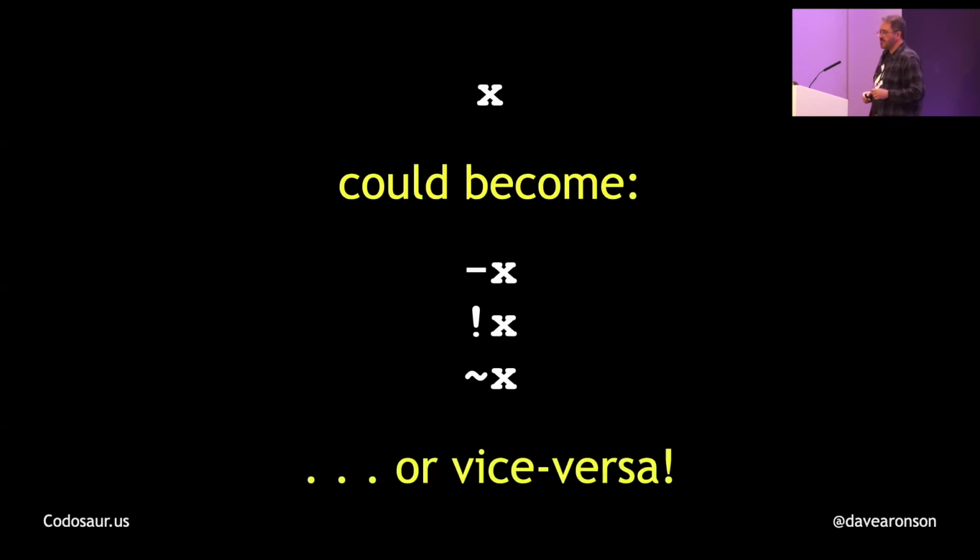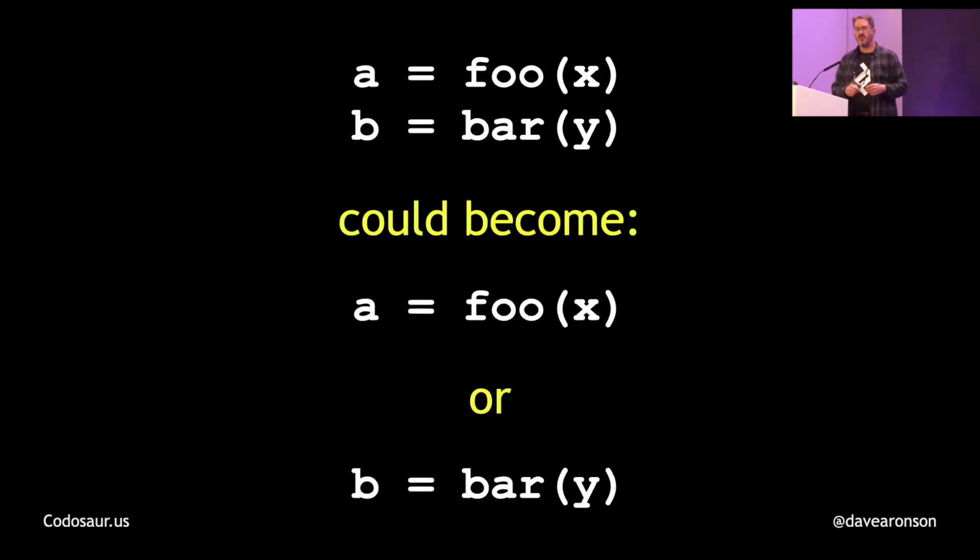It could insert or remove a logical or mathematical or bitwise negation. It could remove entire lines of code, though usually because it's a statement rather than looking at the physical written lines of source code. Though, as I said earlier, some tools do operate on that basis.